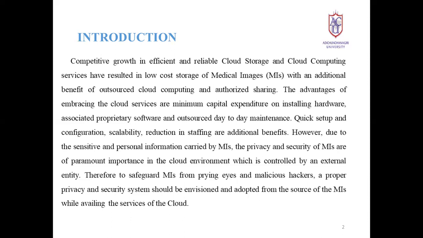Also, competitive growth in efficient and reliable cloud storage and cloud computing services has resulted in low-cost storage of medical images, with the additional benefit of outsourced cloud computing and authorized sharing. But due to the sensitive and personal information carried by medical images, the privacy and security of medical images are important in the cloud environment, which is controlled by an external entity.